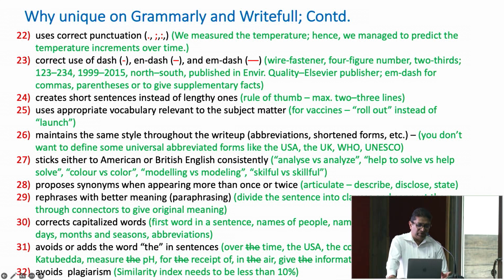Or even between years, north-south. Then published in Environmental Quality, LC, then the next one, n dash. The m dash is to qualify your statement with more information. Or sometimes instead of using a comma or semicolon, you can use an m dash. But you hardly use the m dash in your manuscripts.